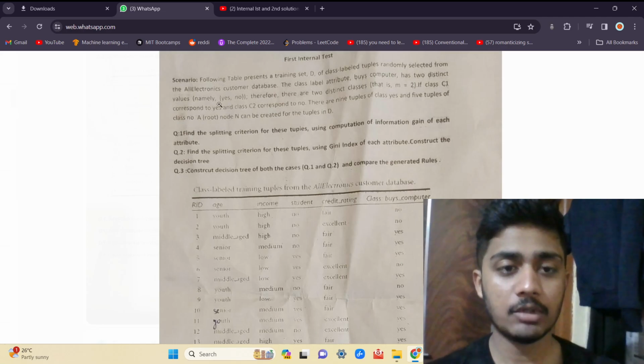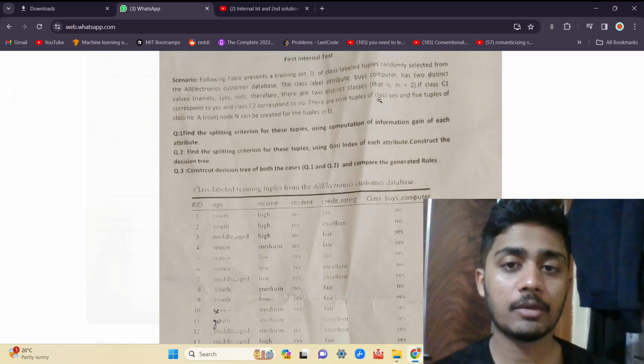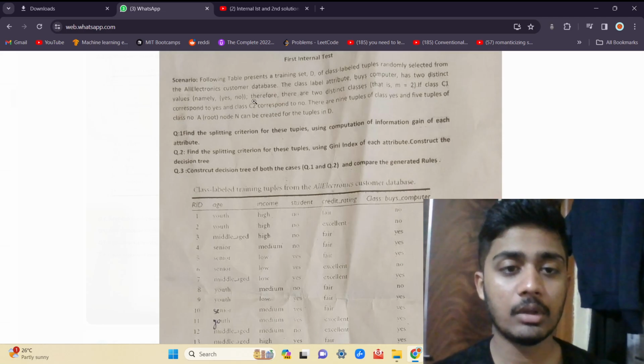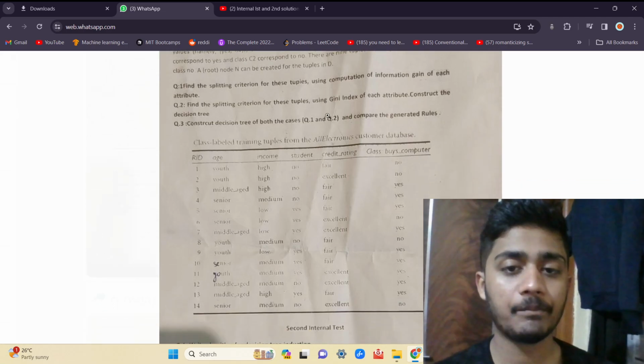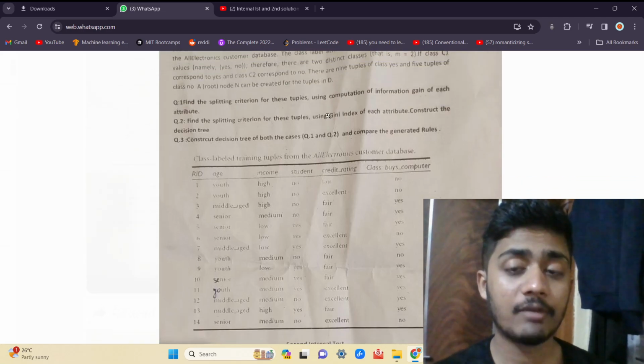If class C1 corresponds to yes and class C2 corresponds to no, there are 9 tuples of class yes and 5 tuples of class no. A node N can be created for the tuples in D.